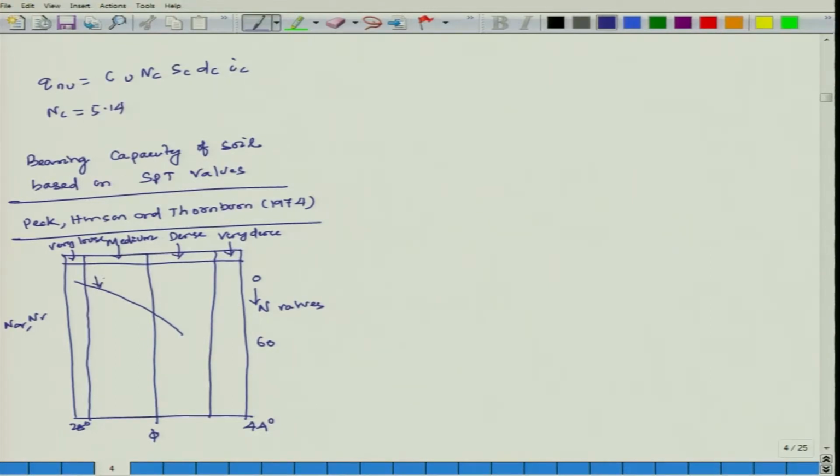This is the variation of N. This value is N gamma, and this is NQ.